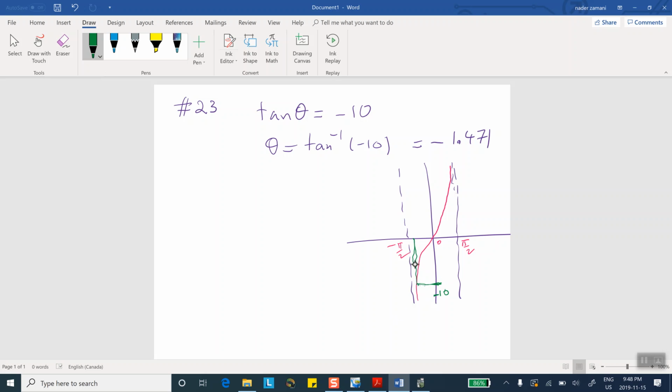This is the answer that we got, negative 1.471. And notice that in this one period, which is from minus pi over 2 to pi over 2, there is no way you have another height of minus 10. This minus 10 is supposed to be right up there. Okay, so this is it. Theta equal to minus 1.471.